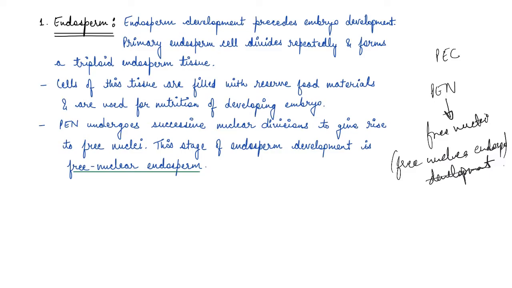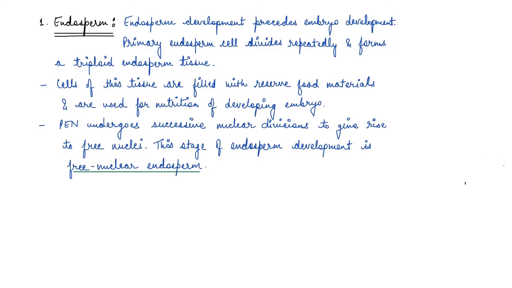Okay. Now this endosperm may either be consumed completely during the embryo development, as happens in the case of peas, groundnut, or beans, where you don't find any kind of endosperm, right? You just find the seed inside.